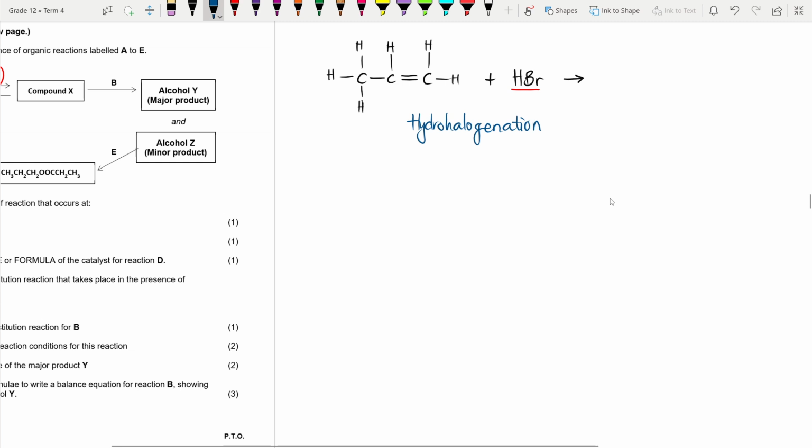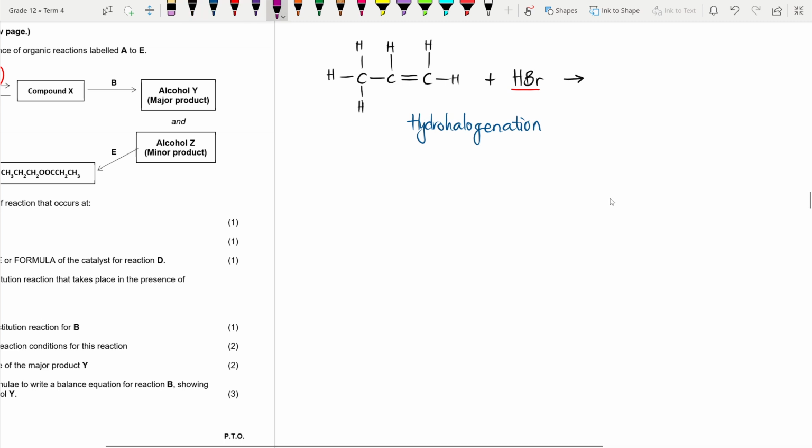Is it addition, elimination, substitution, or what? If you do remember, addition reaction. Addition. Yes, this is called an addition reaction.